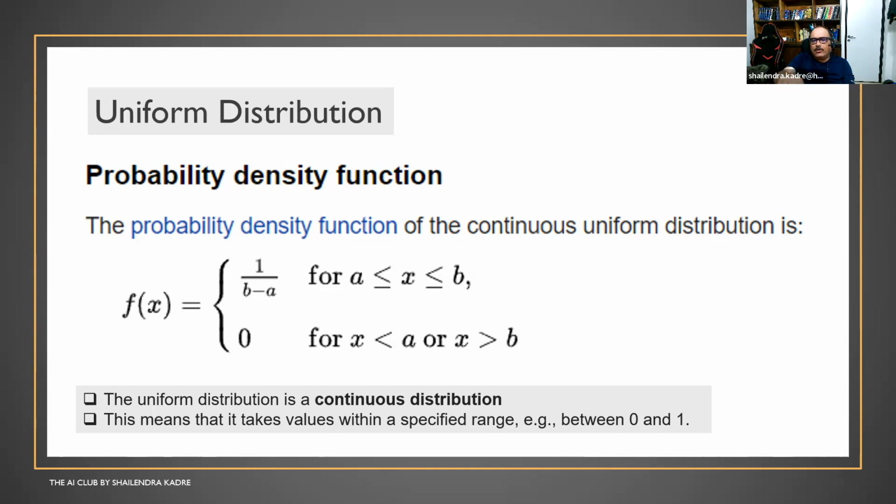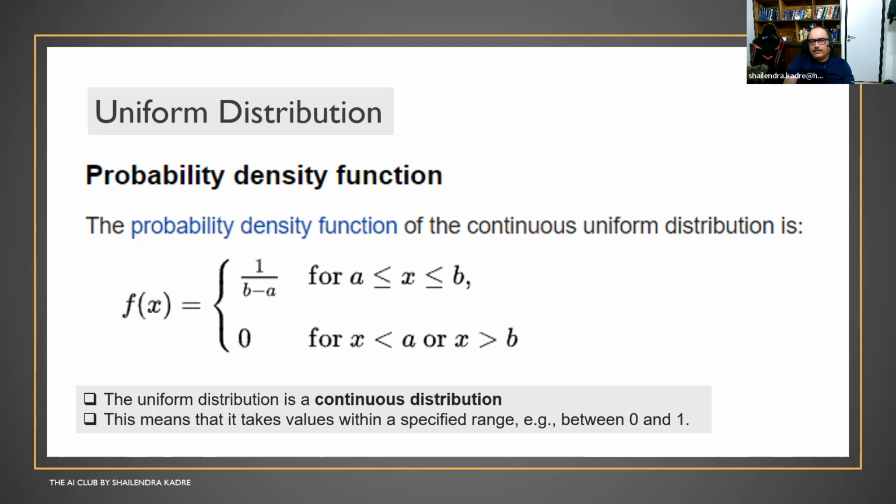So a is less than or equal to x, and x is less than or equal to b. When x is between a and b, the probability is the constant 1 upon b minus a. For x less than a, it is 0, and for x greater than b, it is 0. That's how this function is defined.